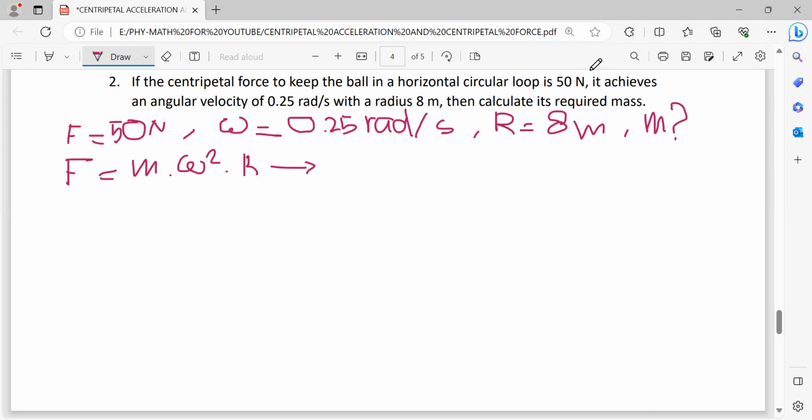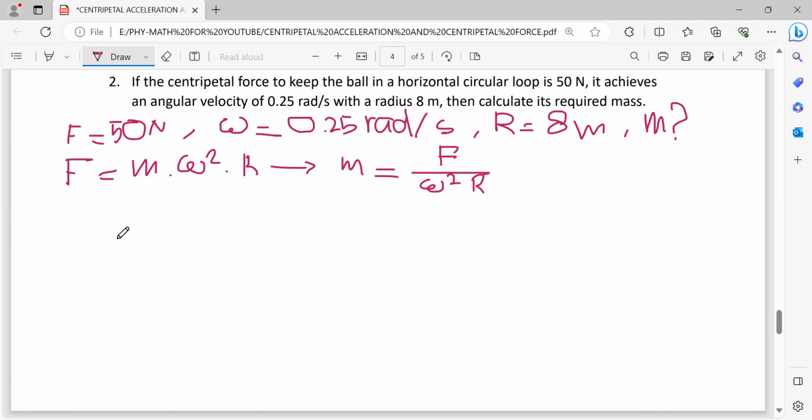If m becomes the subject, m equals force over omega squared times r.